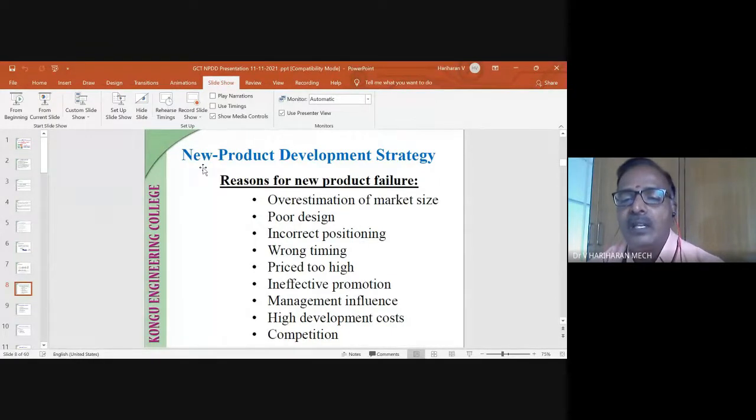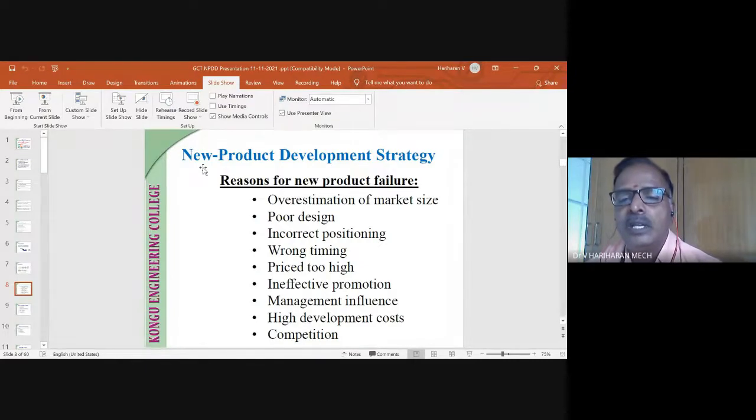Then another reason is ineffective promotion. Promotion means advertisement. On every TV, you see that whenever they are going to launch a product, they promote their vehicle. If the promotion is not there in the initial stage, then your product can also fail. That is called ineffective promotion. Then management influence.